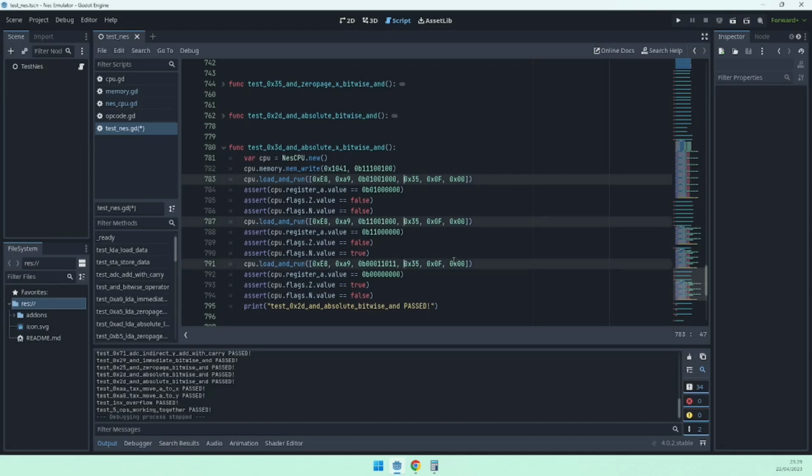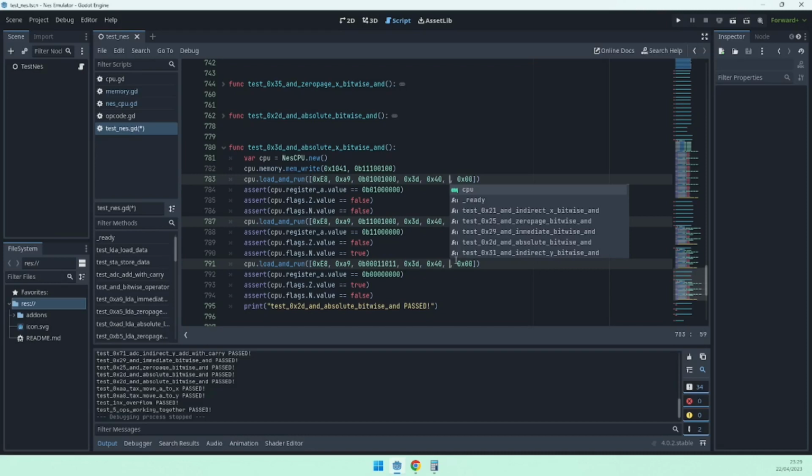And let's see, the instruction is 3B, and the address we want to check is 0x40.